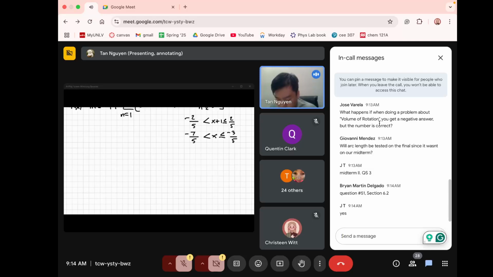So on midterm 2, question 3, I have: find the volume of the solid generated by rotating the region bounded by x equals (y minus 3) squared, x equals 4, and the rotation is about y equals 1. All right. So what's the first thing that we do here?